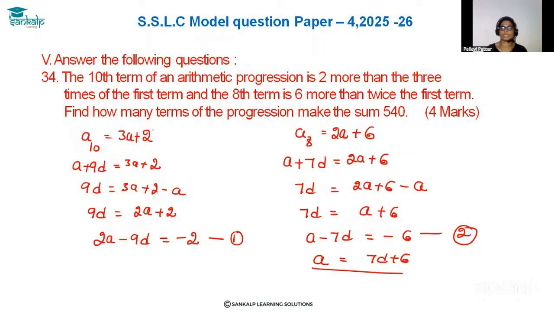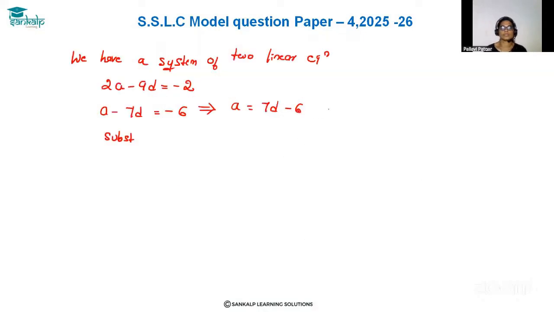A is equal to minus 6 plus 7D, once again the sign becomes minus here. So A is equal to minus 6 plus 7D.